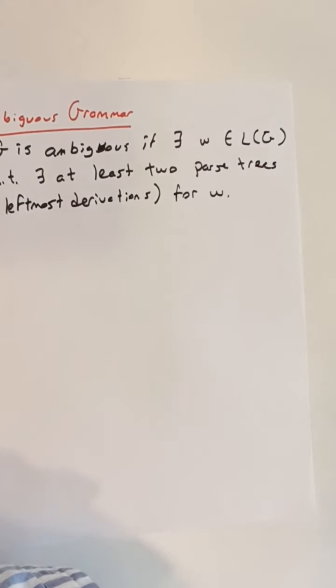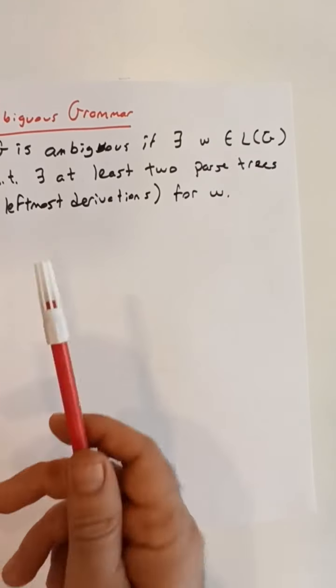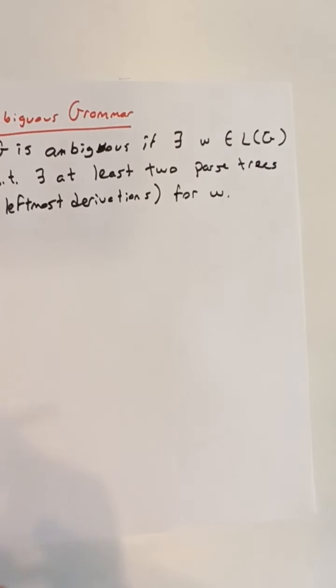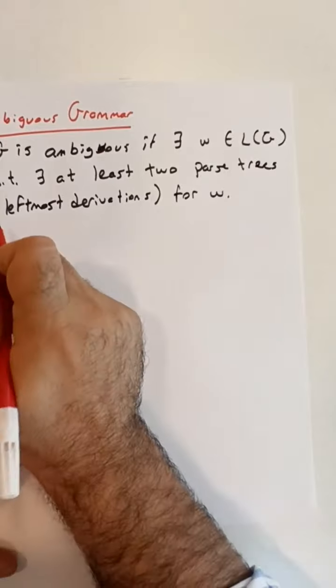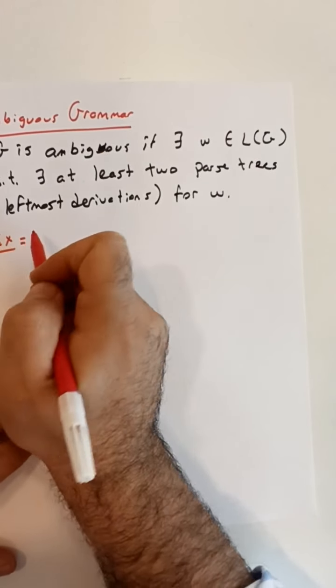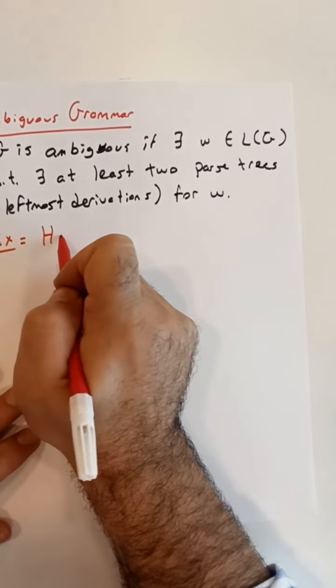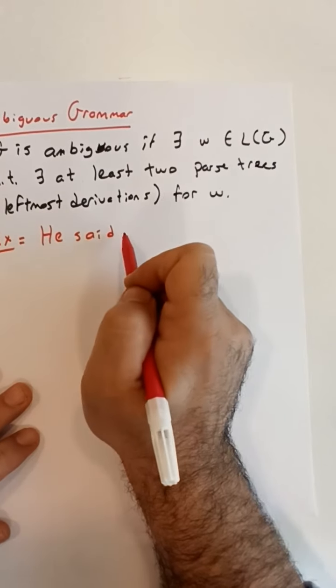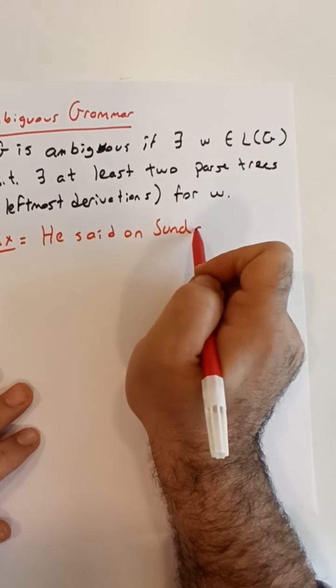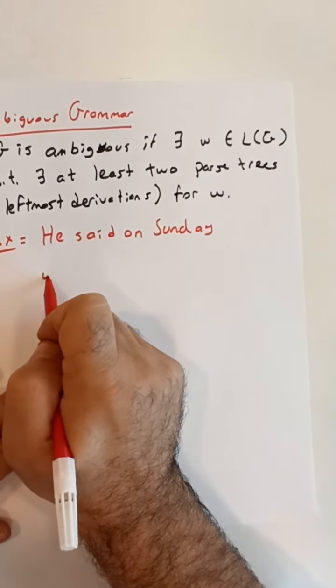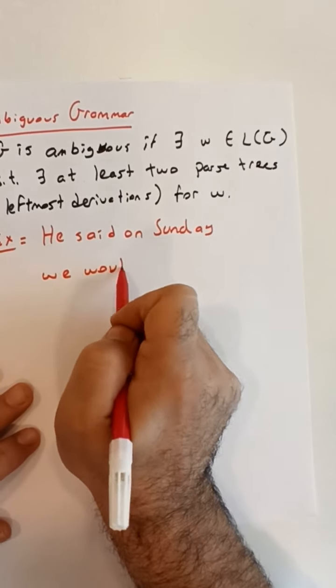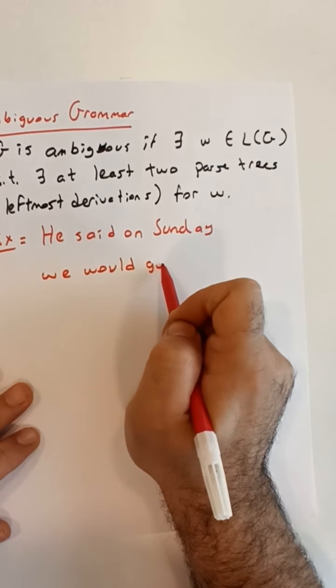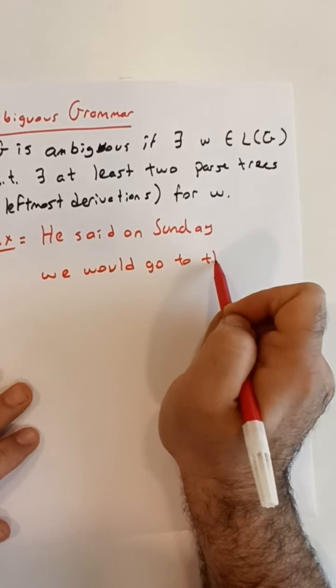If we give an ambiguous sentence example, the same thing may arise in natural languages as well. So for example, consider the following sentence. He said on Sunday we would go to the park.